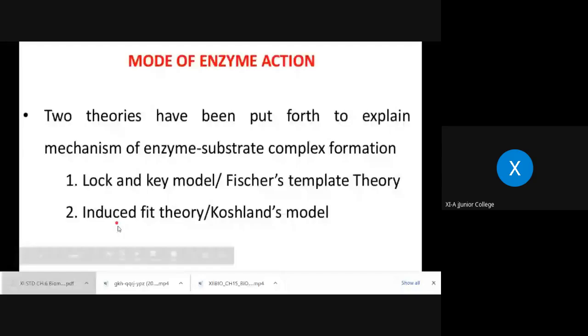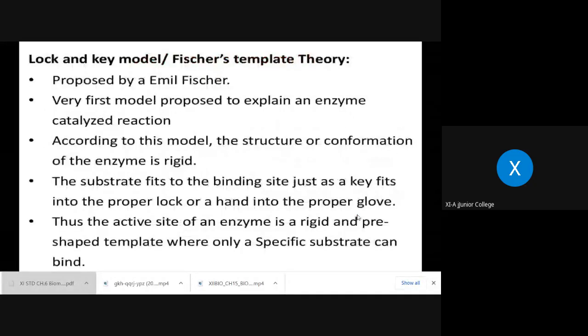There are two things. The first is the mechanism known as Fischer's template theory, and the second is the induced fit mechanism or induced fit theory, also known as Koshland's model. Now, what are these? One by one, we will discuss. The lock and key model was first of all proposed by Emil Fischer, the very first model to explain an enzyme catalyzed reaction.